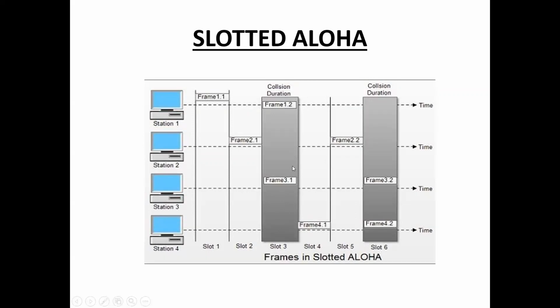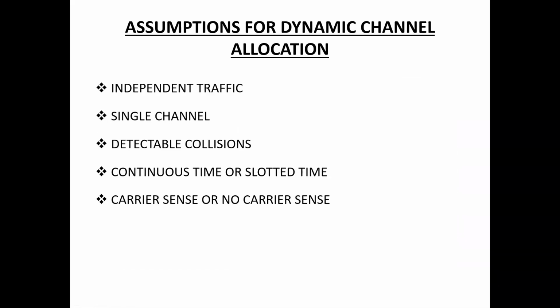So a collision occurs. Stations 1 and 3 should be able to detect the collision, and frames 1.2 and 3.1, which are lost due to collision, are retransmitted. So that is the third assumption, detectable collisions.